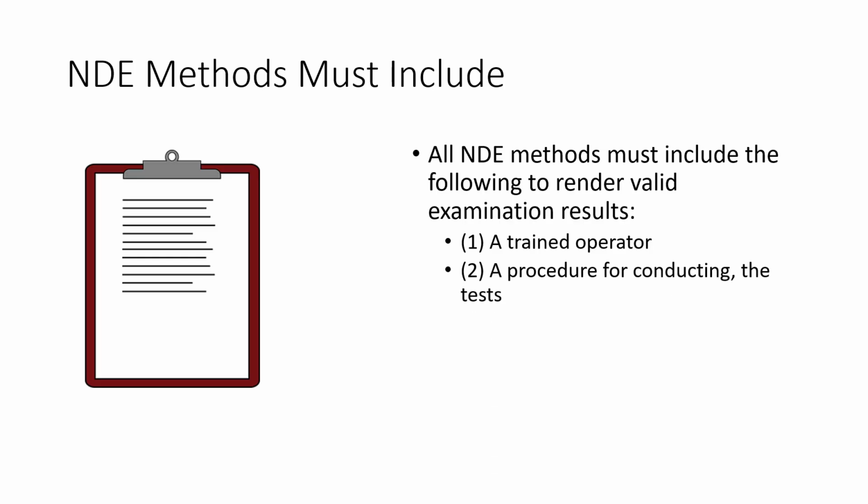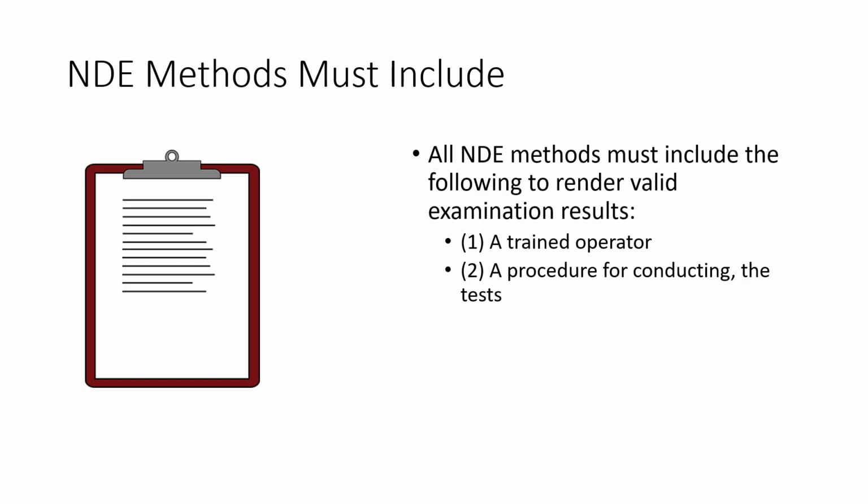We want to have a procedure for conducting tests so that night shift person and day shift person are doing the tests the same way. Or if we hire a new person, a third person to go with night shift person and day shift person, all three of them are doing the tests the same way.